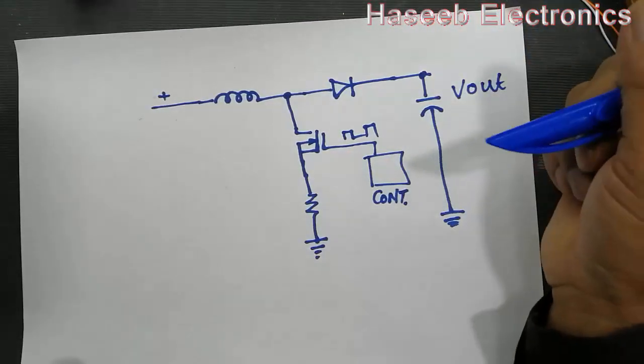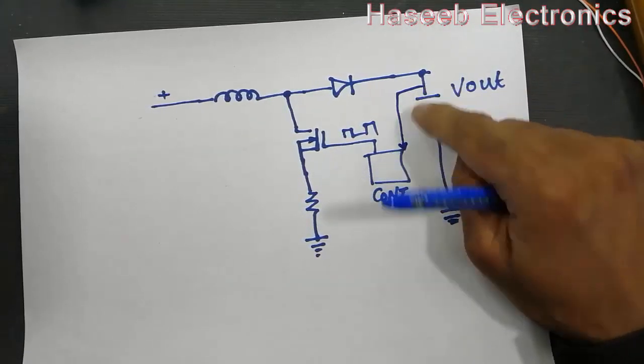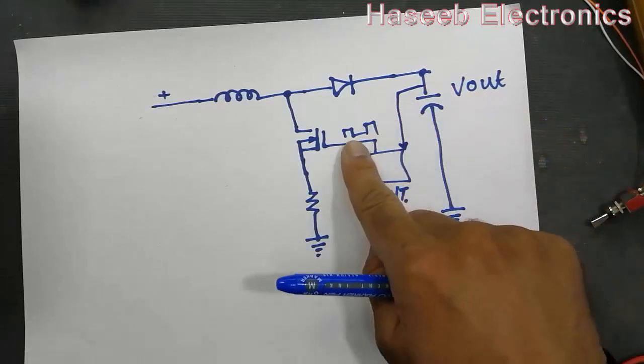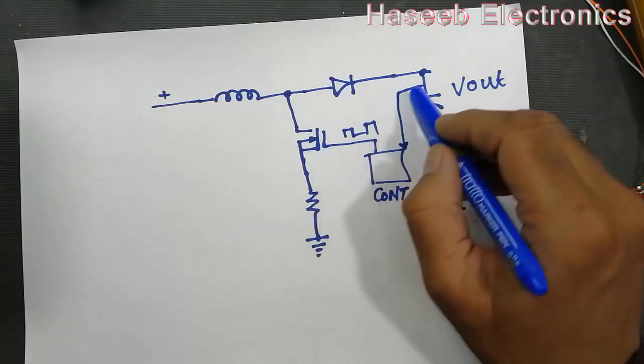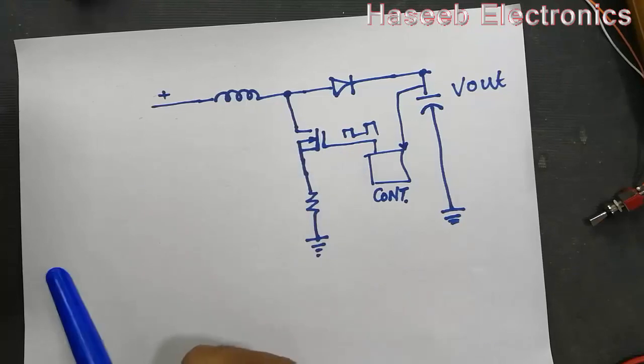The PFC controller checks how much voltage is present here. If the voltage is within limit, it will remain silent and this MOSFET switch will remain open. When the voltage drops, it will start switching.